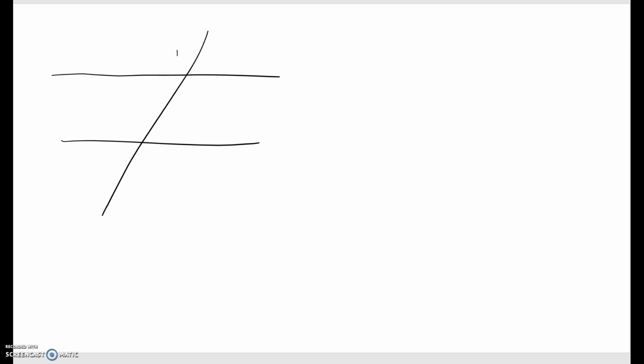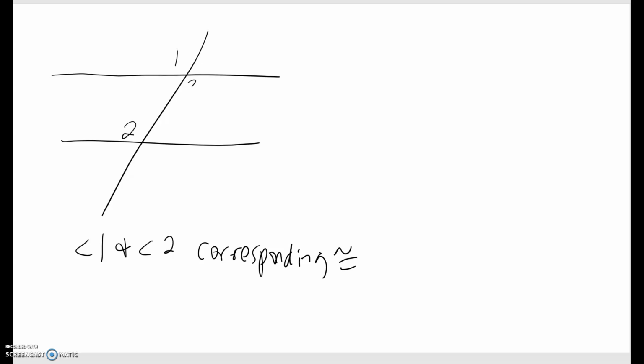We are going to start by just reviewing some of the basics from yesterday. So we talked about those angles when we had parallel lines, and we said that these 1 and 2 would be corresponding. And corresponding angles, remember, are congruent. Okay, we then said that 1 and 3 were vertical angles.